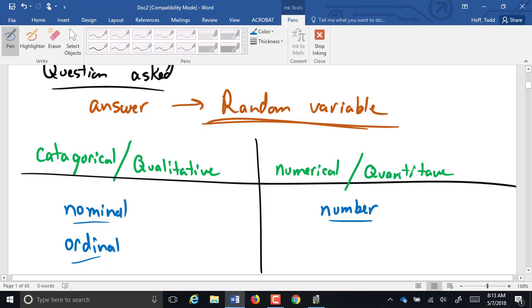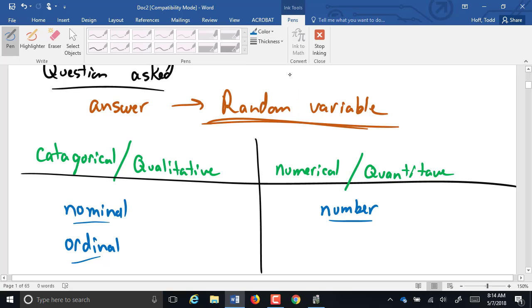What was your percent in the class? That would be numerical data. Your letter grade would be categorical. What's your height? That's numerical. How long did it take you to complete this task? That's numerical. Any yes or no question is categorical because that puts you in that category, yes or no.